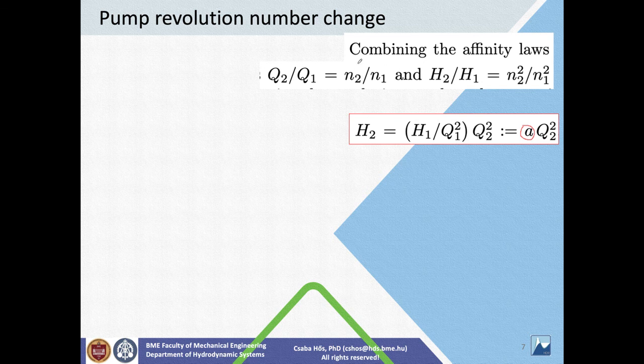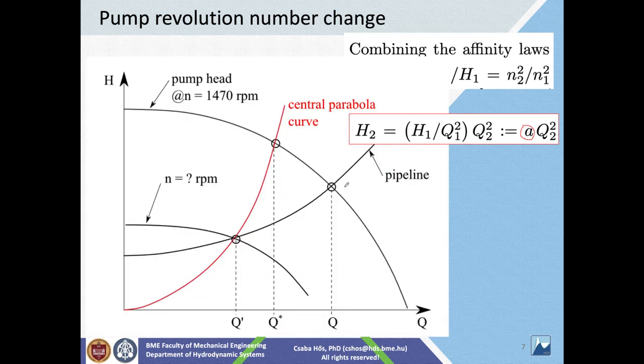So whenever you're changing the revolution number, this operating point moves along a parabola which starts from the origin and is quadratic and passes through the H1, Q1 point.